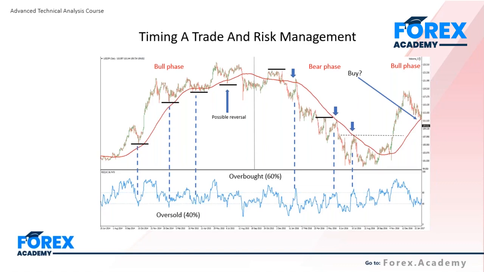We can clearly see that at this particular low over here, the slope of the moving average is positive. Therefore, given the fact that the slope of the moving average is positive, there should be a higher probability that the market will eventually move in an upward direction. We also identify that this pullback has seen the momentum oscillator move to oversold territory.